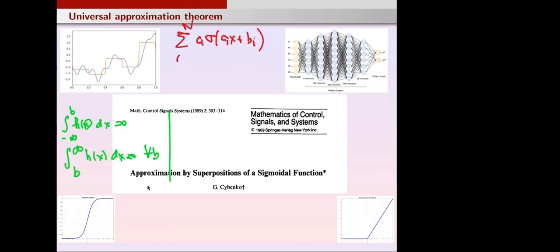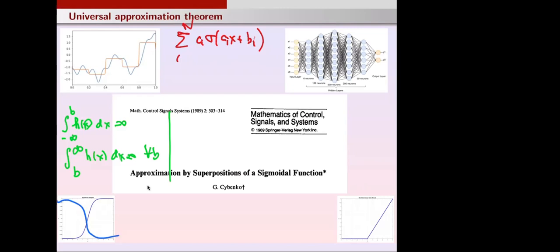And whenever you reverse the sign of a, the shape of sigma switches the trend, transitioning from 1 at minus infinity to 0. So all these integrals of h are equal to 0. And then the proof is almost done.